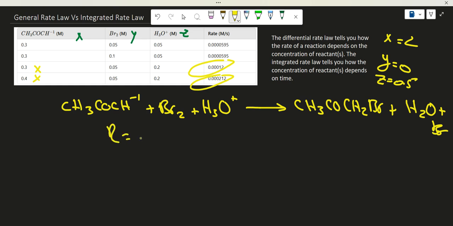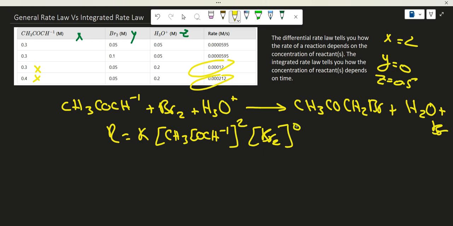R equals K times [CH3COCH2^-] to the power of 1, and y is 2. The other one we don't need to write, because [Br2] to the power of 0 is just 1, so it won't make a difference. But if you want to write it like that, 0 and it goes to 1, that's fine. And the last one will be [H3O+] to the power of 0.5. Here we go.